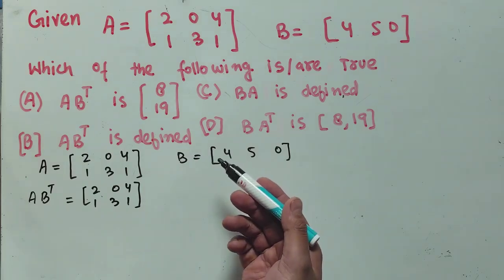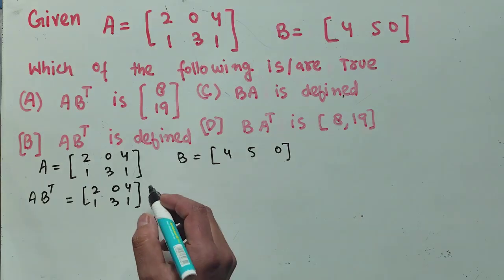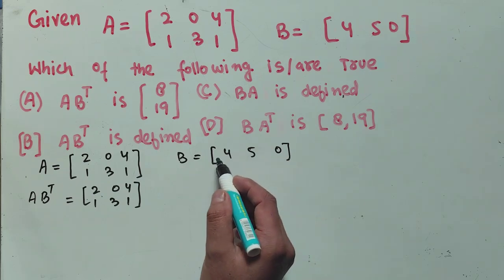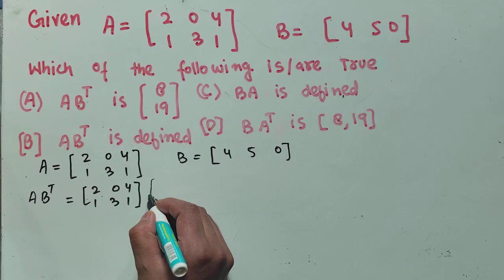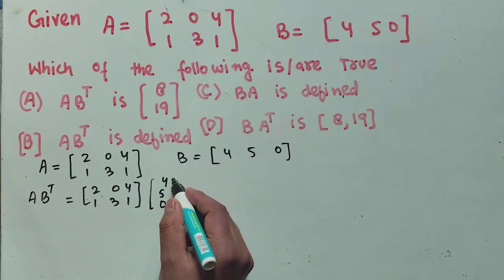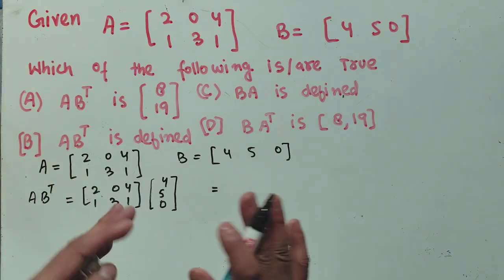By transpose of a matrix, we mean when we interchange column with row or row with column, we get a transpose. So if these are rows, a row matrix becomes a column matrix. So we have 4, 5, 0. Interchanging rows with columns or columns with rows gives us the transpose. Now for the product of these two, first we need to see whether the product is defined or not.